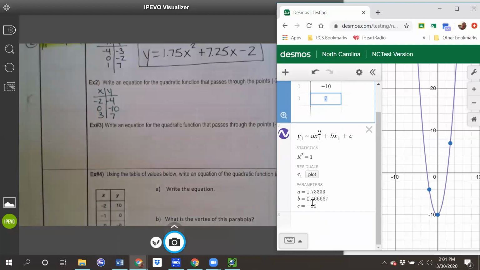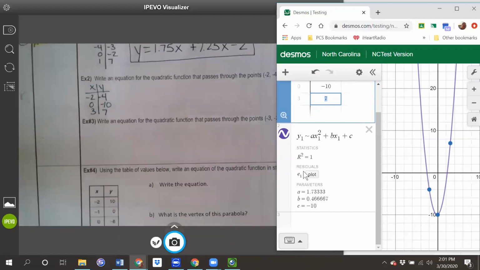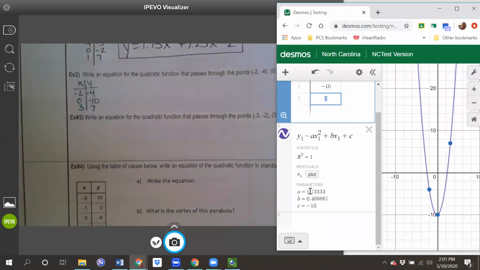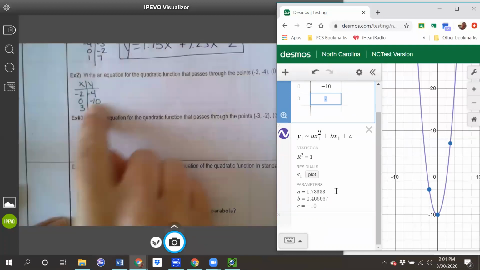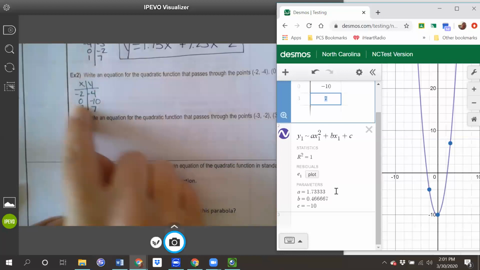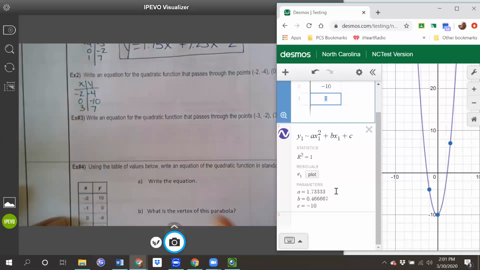So these here are my new values. Now, this is not exact. This is the best fit for the data. So I know that you're looking at these decimals going, oh my gosh, Ms. Smith, we need fractions for those. We actually don't, because this is not a perfect quadratic. This is the best quadratic equation that we can get to match this data. So that means that I don't need exact fractions.